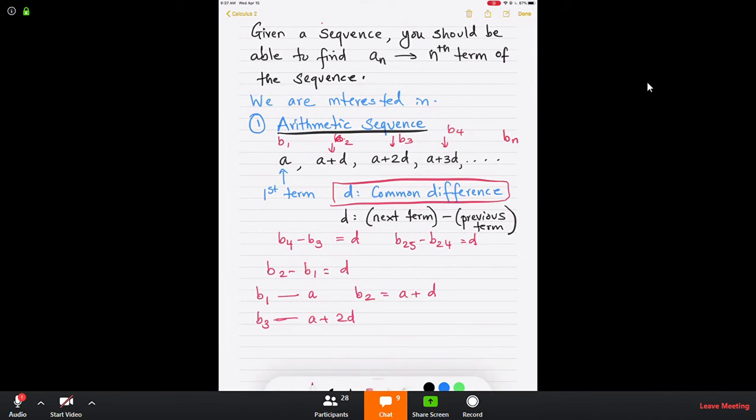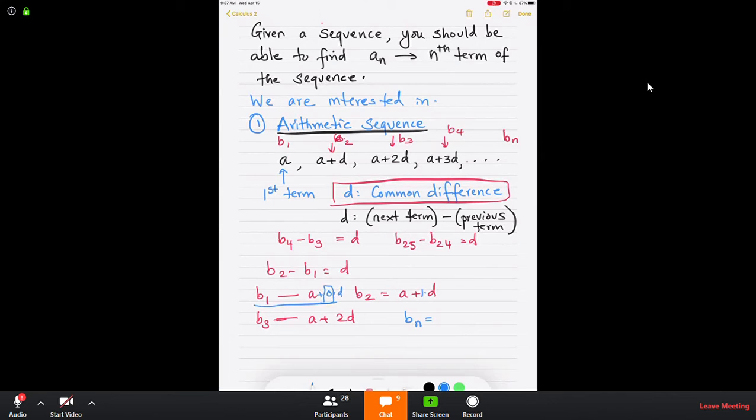So if it is Bn, you're close, Sam, but pay attention. Bn would be what? You're almost there. Look at the value of n. This is what I'm trying to say. If it is B1, can I say this is a plus 0 times d? If it's B2, it is a plus 1 times d.